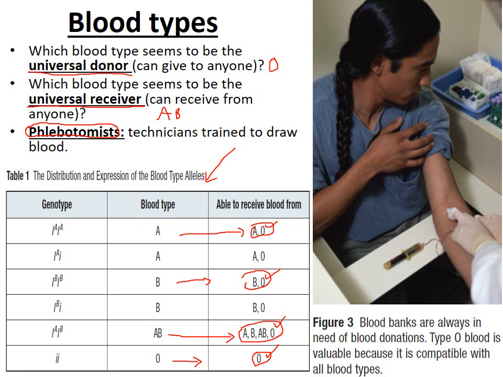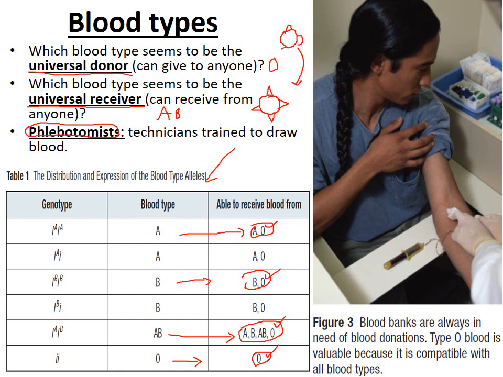And it all has to do with your immune responses. Remember that, let's say you're a type A individual, that means you have those triangles on your red blood cells. Now, let's say you then get some type B blood added into you, you're suddenly getting some red blood cells with little circles on it.